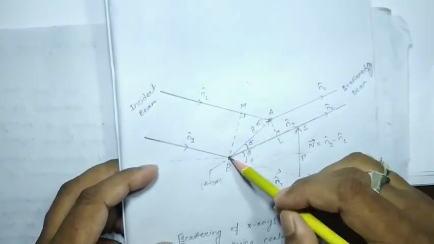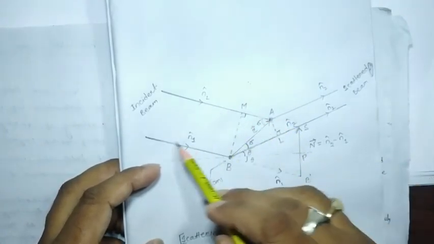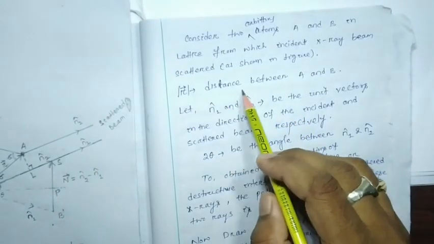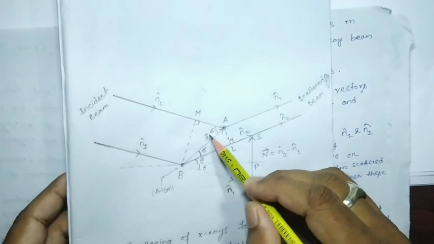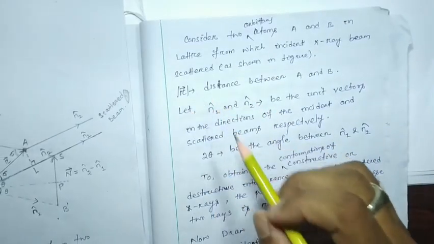A and B are the two atoms where the incident X-ray beam is going to be scattered in this way, and the distance between A and B is r. The distance between A and B, or B to A, will be r. This is the r vector I have given, so its modulus will be nothing but its distance.